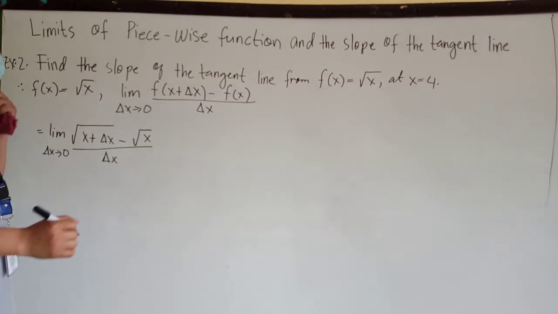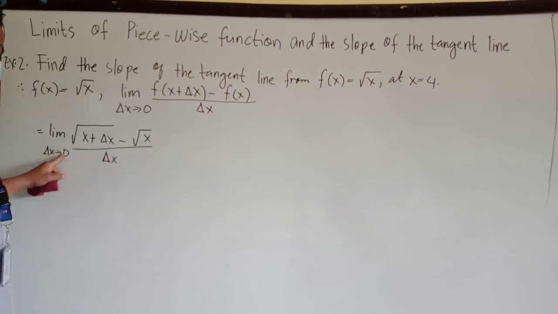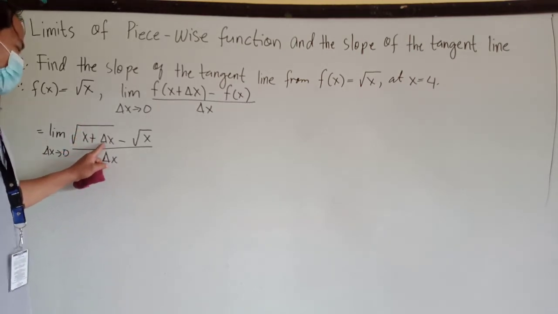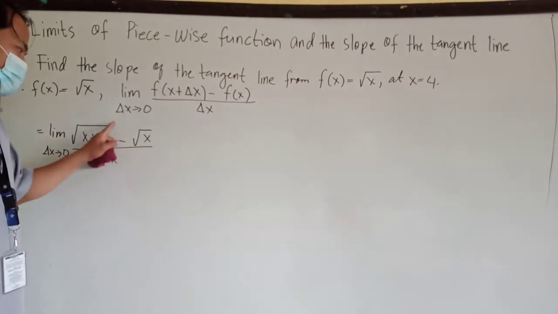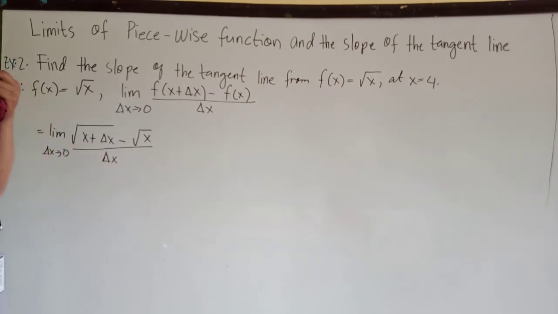Remember, we cannot simplify this by just plugging in 0 for delta x, because the function becomes undefined. So what we are going to do is multiply the numerator and denominator by the conjugate of the numerator.